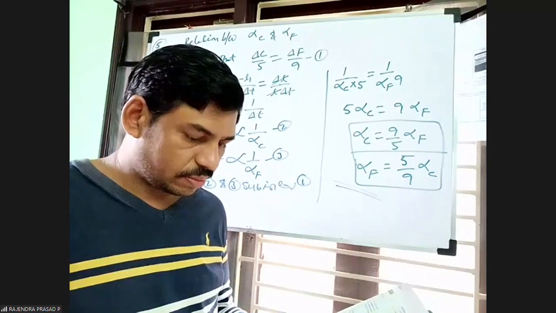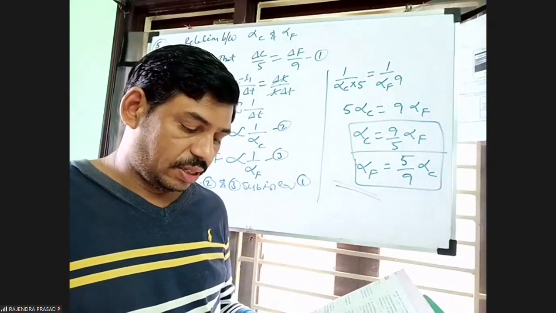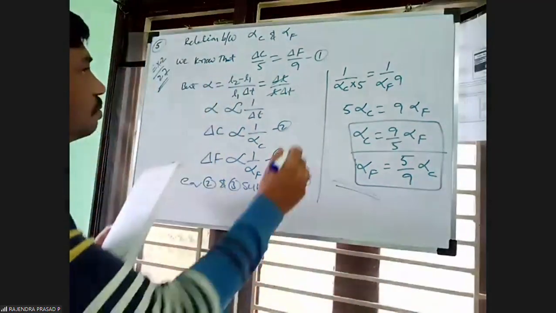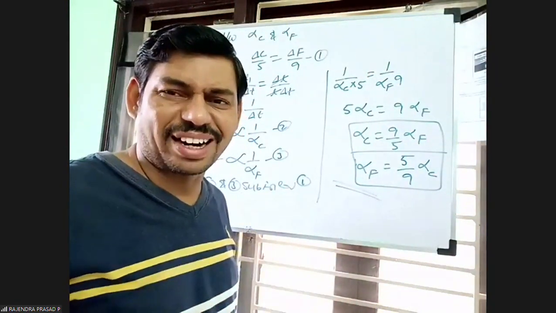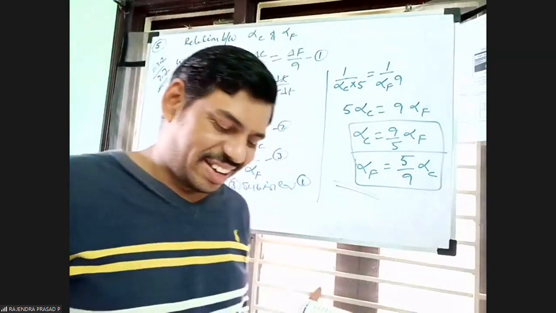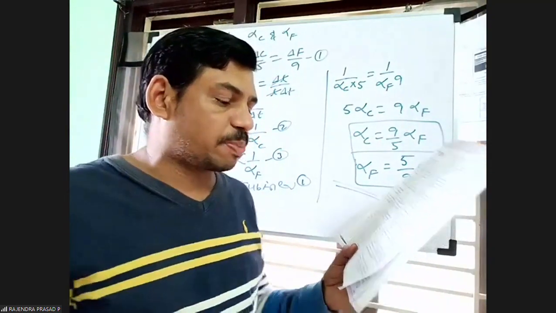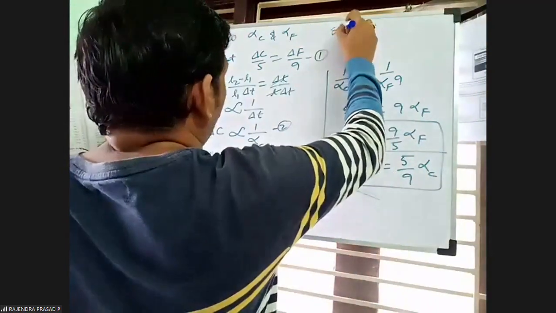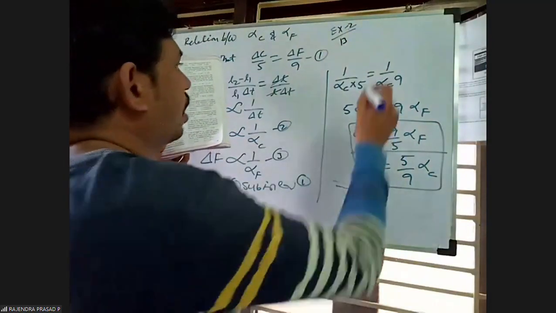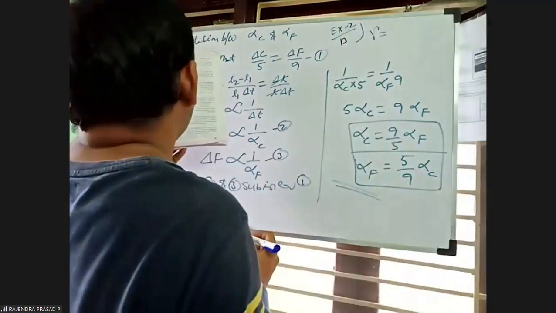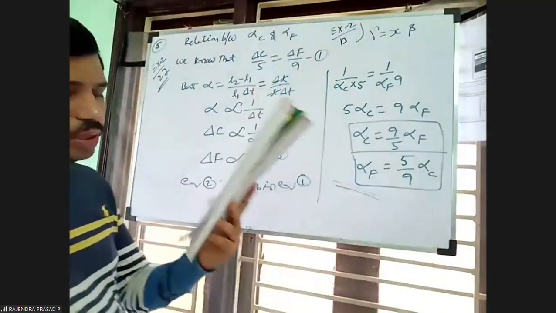Superficial expansion means areal expansion, as already noted in class. So the coefficient of cubical expansion gamma equals x times the coefficient of superficial expansion beta.